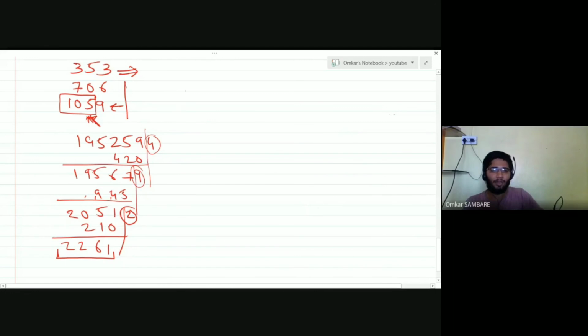So let's complete the table of 353 till we come to know whether this is divisible by 353 or not. So 353 4s will be, 4 3s are 12, carry over 1, and so on, it will be 1412, and like this you can continue multiplication and creating the table.